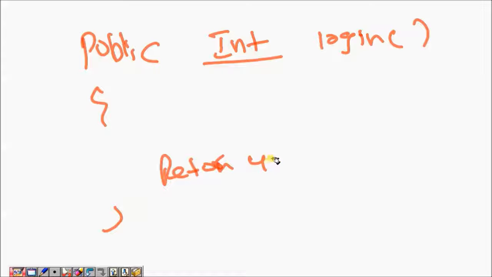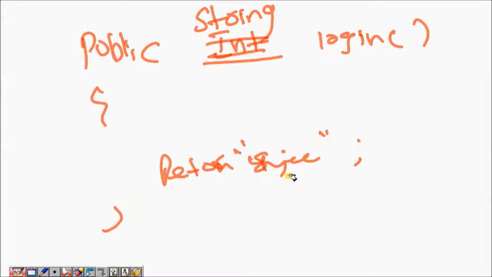If in the place of void you mention the string data type, you must return a string, like Sreekanth. So if you mention any data type in the place of void, that method must return that data type.